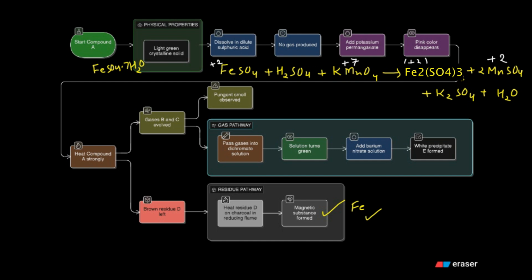Okay, so what is happening here, you can see this iron is undergoing oxidation, and you know the species which undergoes oxidation in a redox reaction acts as the reducing agent.